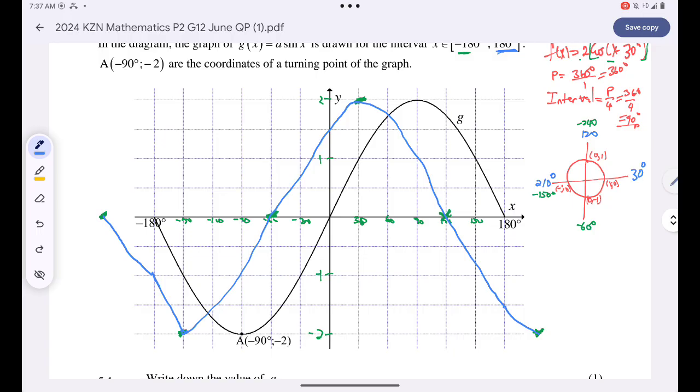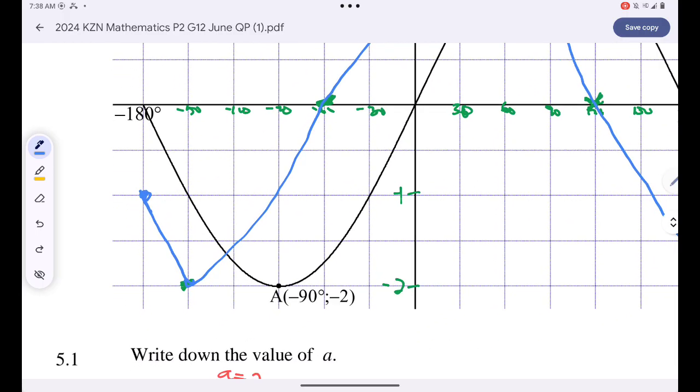But remember that, guys, I am restricted. I'm not supposed to exceed negative 180, and I'm not supposed to exceed positive 180. So my graph will just end over there. Are you together? So this will be my end point, and that's my starting point at negative 180. So that's how my graph would have been.